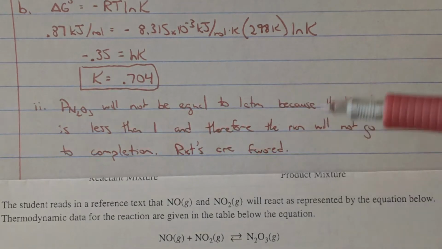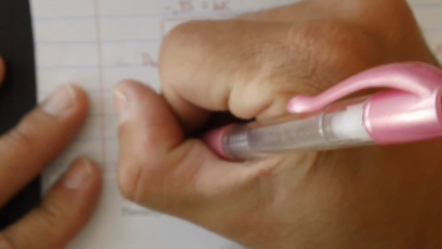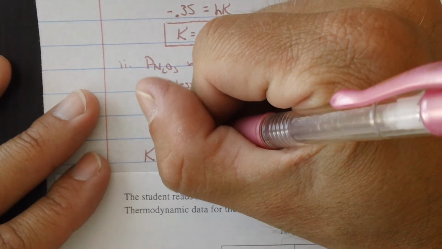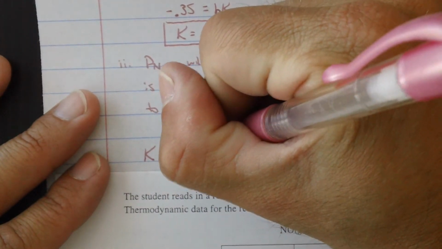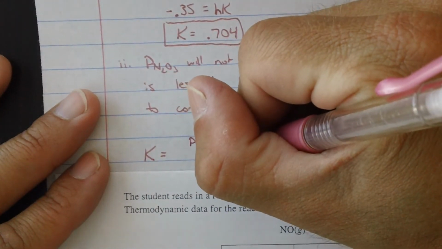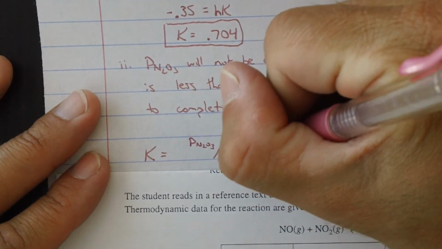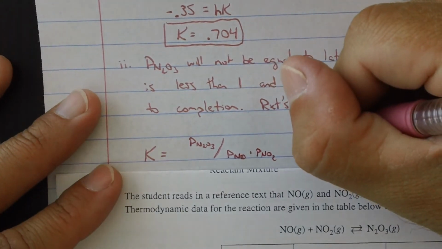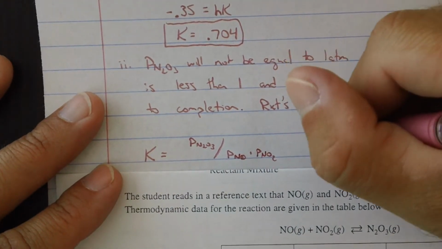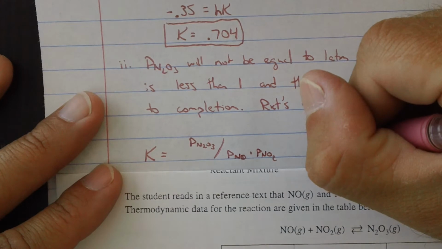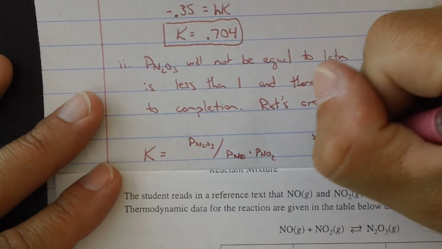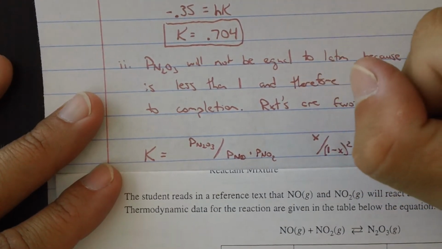Could you, in theory, set up a rice table and solve for K? Here's the short version without a rice table. And if you guys want me to do this, I'll do this later. This is the pressure of N2O3 over the pressure of the NO times the pressure of the NO2. And it ends up giving us X over (1 minus X) squared equals 0.704.